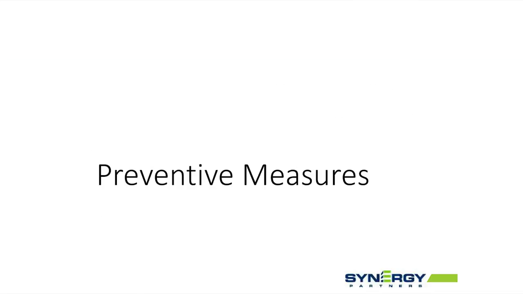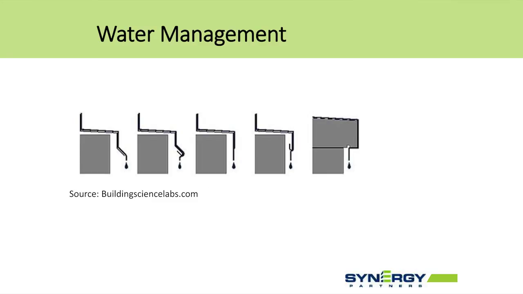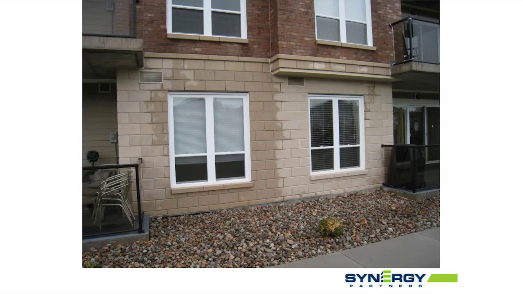So, okay. Now, a little bit on the preventive side, if I've got a minute or so, I would say one of the number one things is water management. Have a look around your buildings. Just take a walk around. I was at this property, and I love this photo because it just rained the night before, and you can see the difference of where there's a slight overhang on this side of the wall.